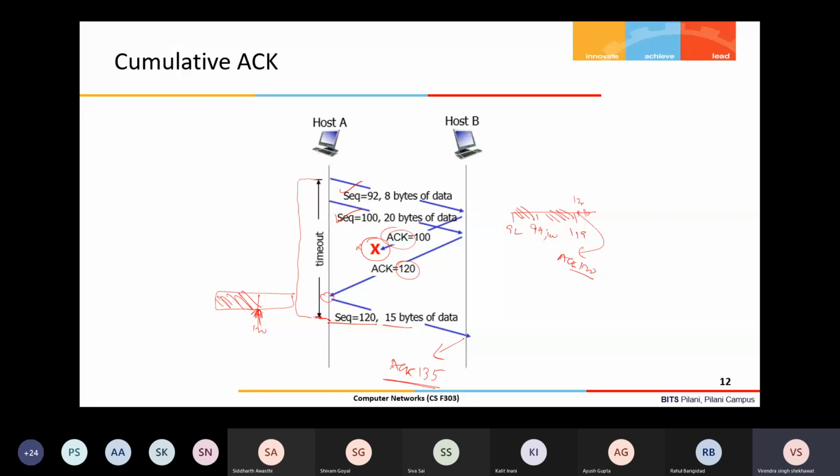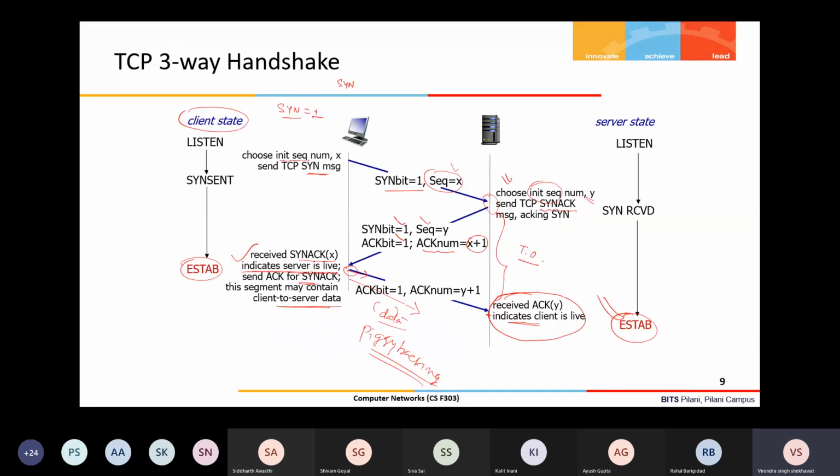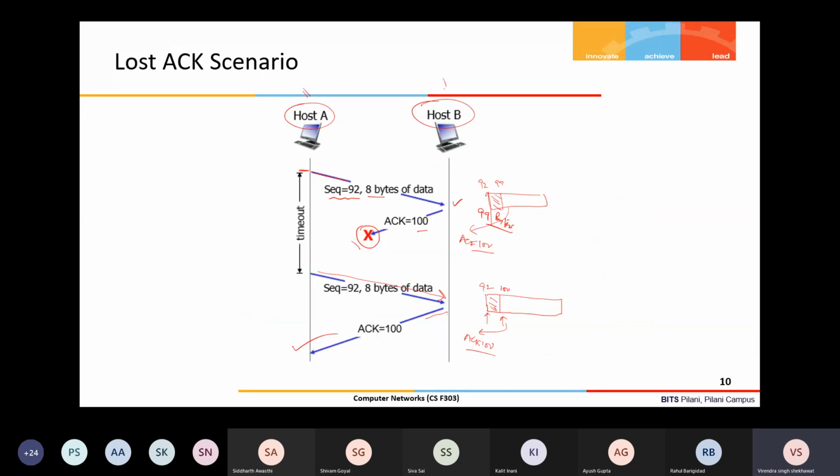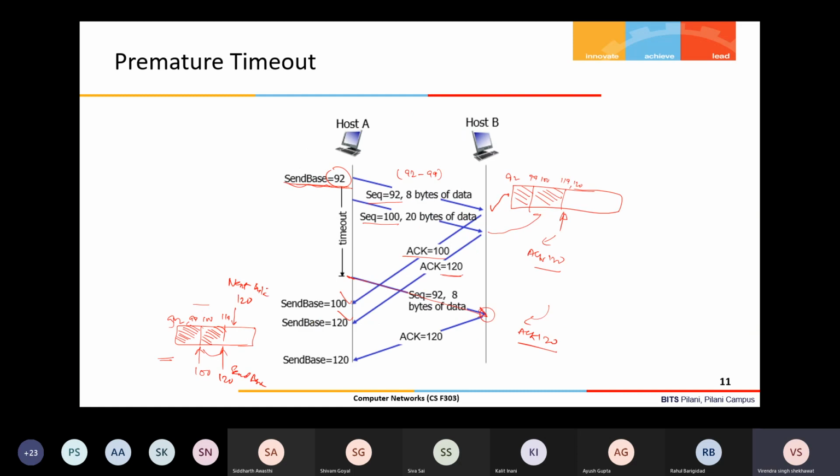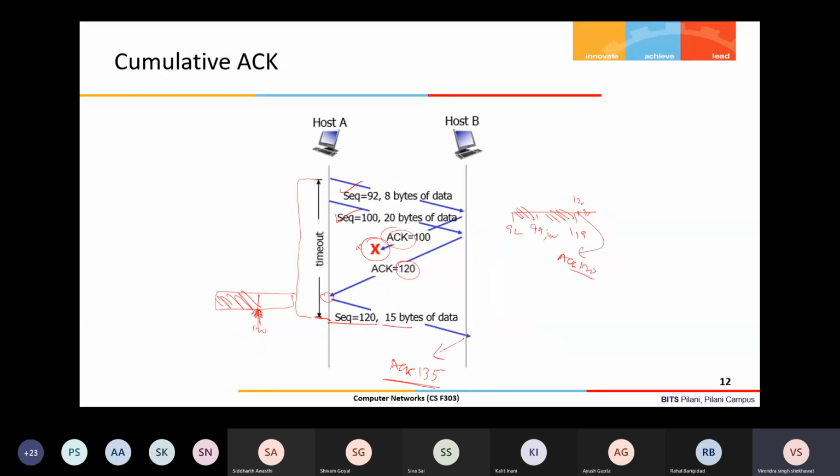Based on these 3-4 examples which we have discussed, let me go back: lost ACK scenario, premature timeout, and cumulative acknowledgement. Can you tell which reliable data transfer protocol is used by TCP? Is it based on GBN or SR? Which one is it following?